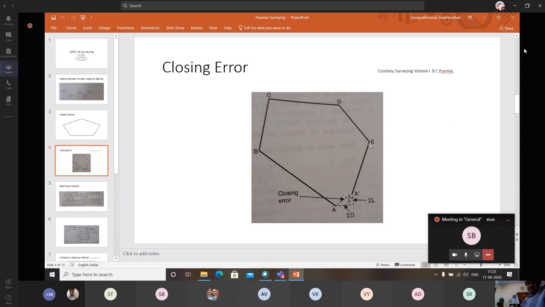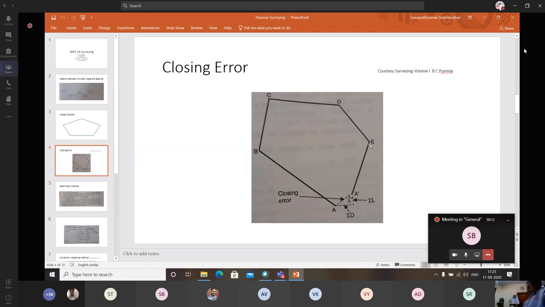Error is due to something creeping in beyond the purview of the observer, something which creeps into the observation. Suppose I read 20 degrees instead of 2 degrees, what is it called?